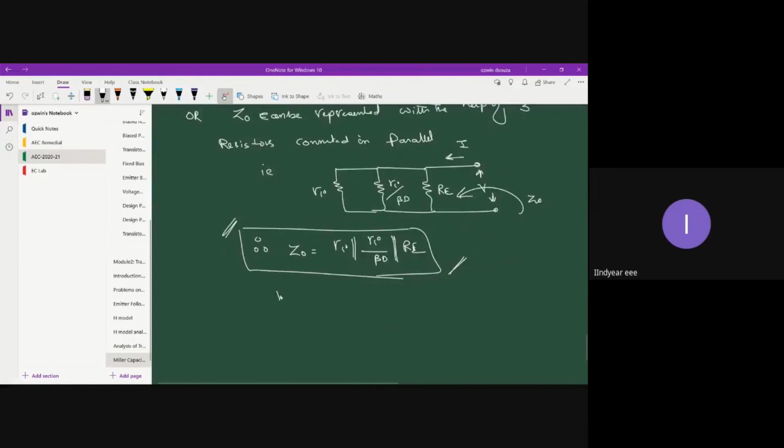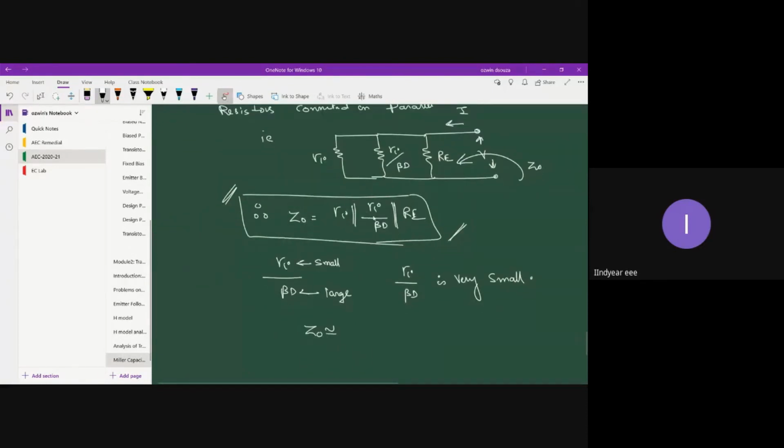But remember one thing, this ratio Ri by beta d is small and this is large. Due to these small and large values, the ratio Ri by beta d is very small. It's something like you are connecting a small resistance in parallel with the two other resistances, due to which your Z0 will be the least resistance among the lot.